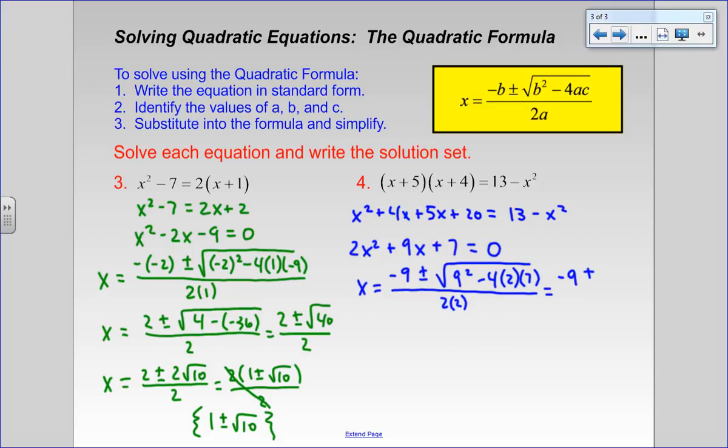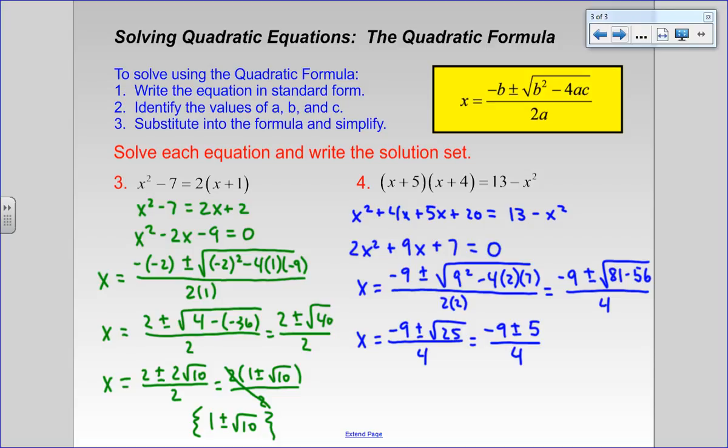Or negative 9 plus or minus the square root of 81 minus 56 all over 4. Simplifying further, since 81 minus 56 is 25, we can write our answers as negative 9 plus or minus 5 over 4.